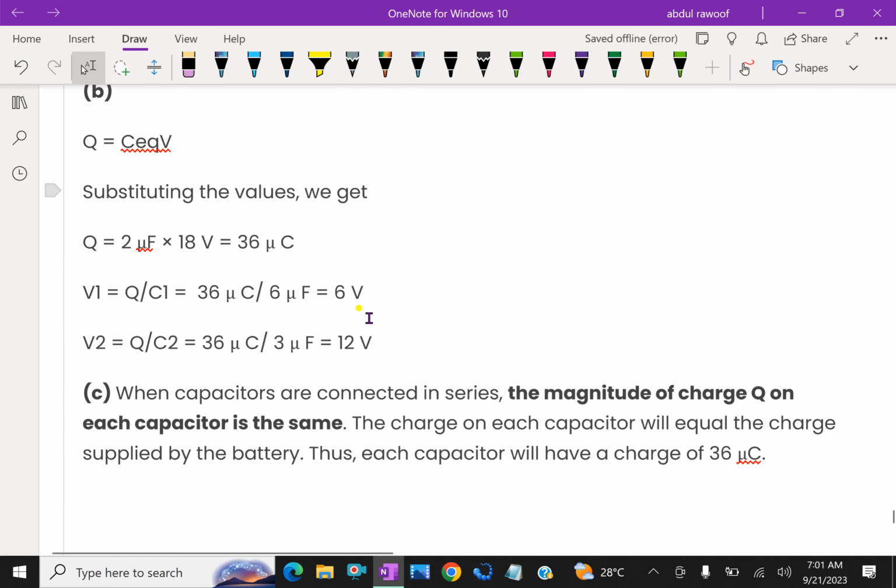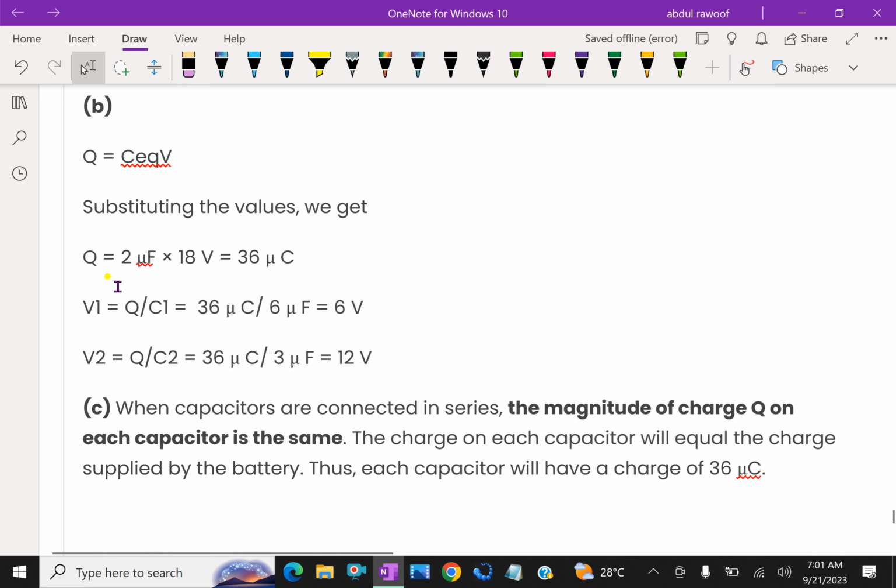Q is 36 microcoulomb, so 36 over C1, which is 6 microfarad. 36 over 6 is 6 volt. Then V2 equal to Q over C2.